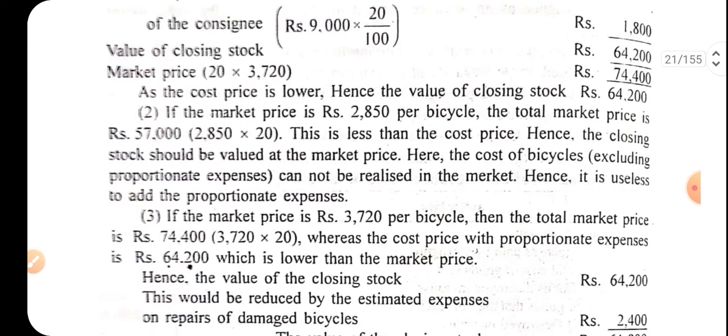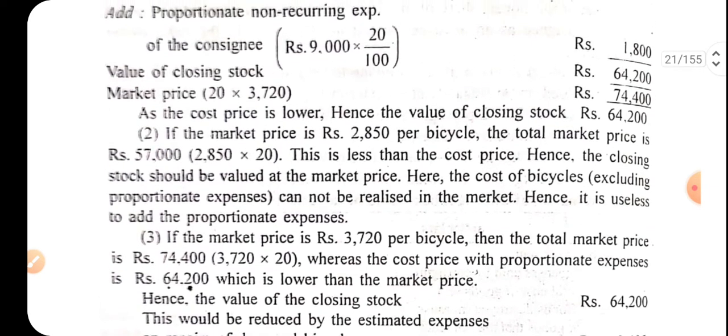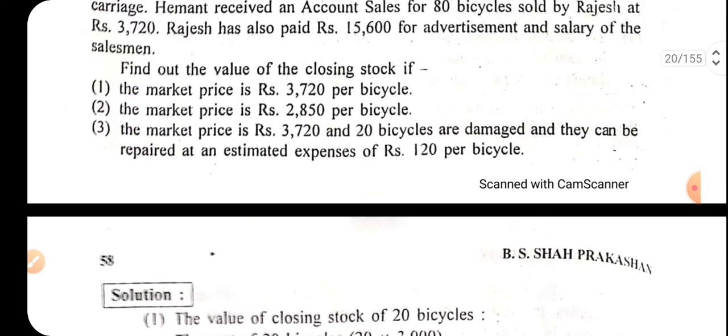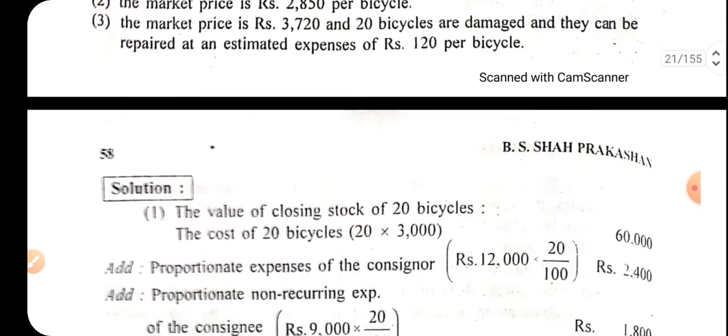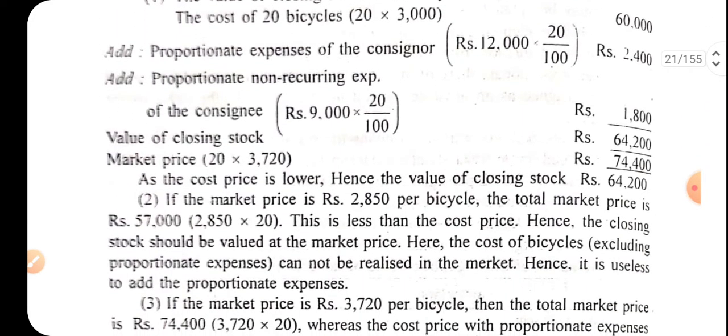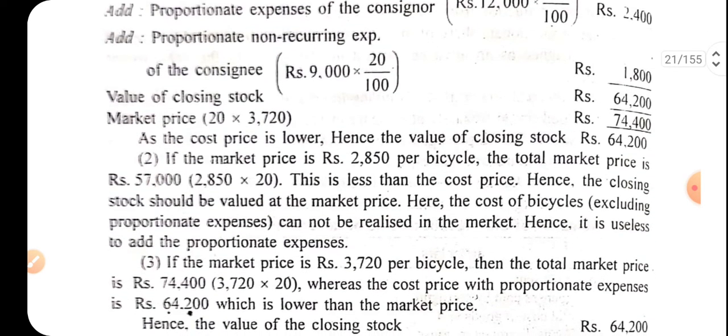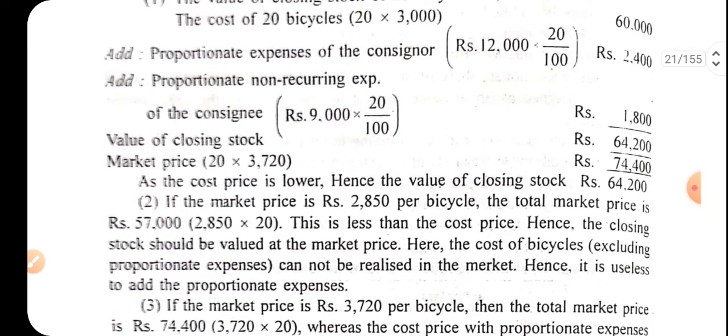We have another circumstance, where the market value of a bicycle is 2850. With the help of the cost price evaluation, we know that 64,200 is the cost price of 20 bicycles.